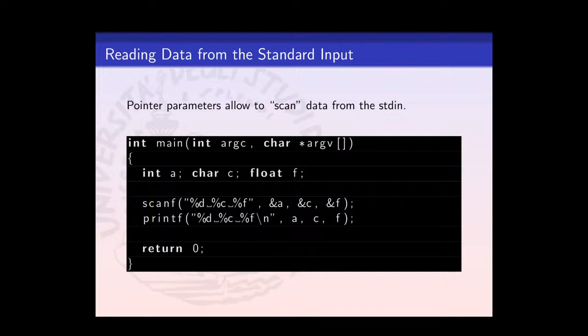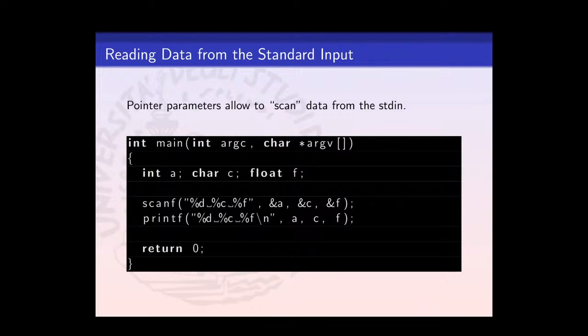Now, what is nice about pointers is that, as I just said, you can also use pointers to change the content of parameters. So, for instance, we can not only print the content of a variable, but we can also fill the content of a variable by using a specific function.